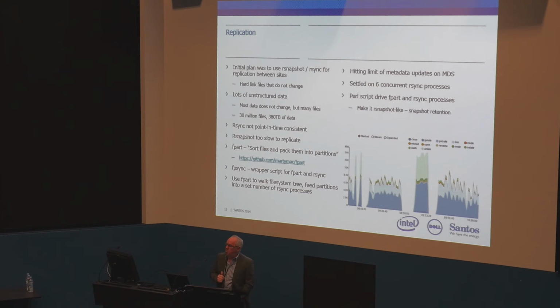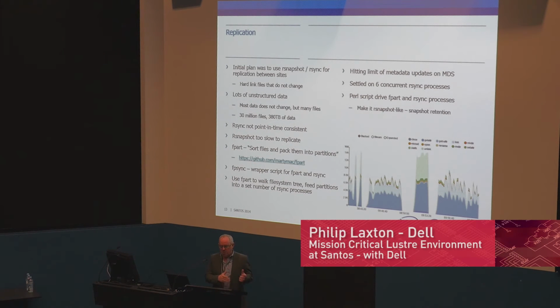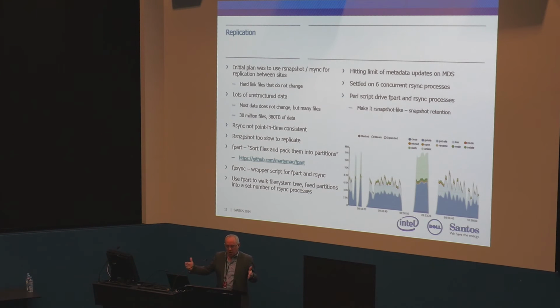Then with some help from the Intel guys, who suggested we use a utility called FPart. So basically FPart and another utility called FPsync can walk the file system, divide it up into smaller chunks and treat each one of those as a separate part of the file system. So you can then divide it up into however many chunks of data you like.